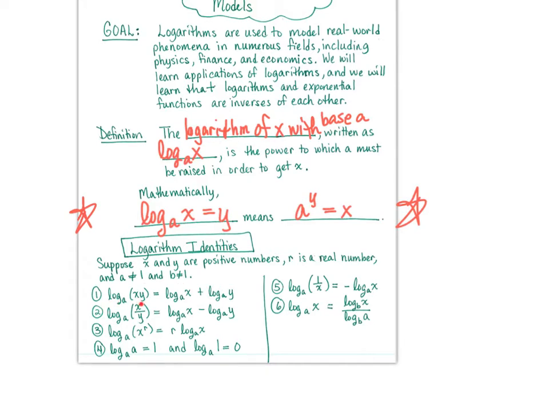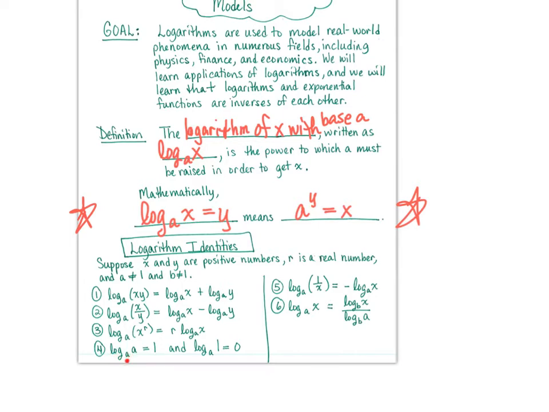Then the log of the product x times y base a is equal to log of x base a plus log of y base a. The log of x divided by y base a is equal to log of x base a minus log of y base a. Log of x to the r base a is equal to r log of x base a, so that exponent can go on the outside of the logarithm.